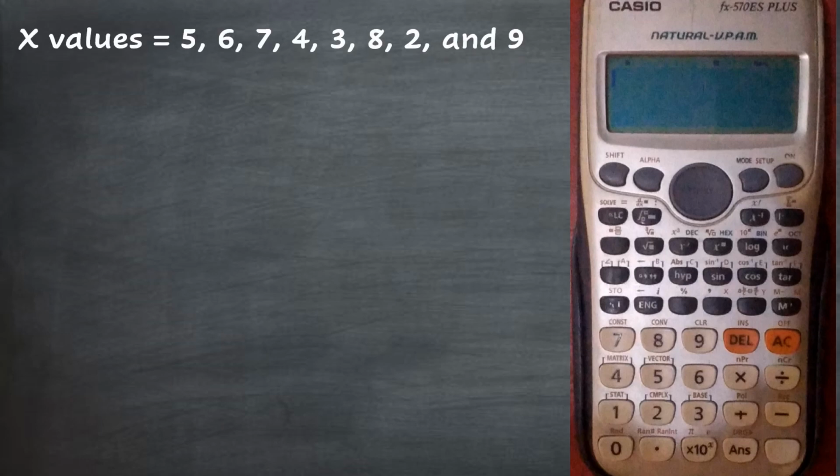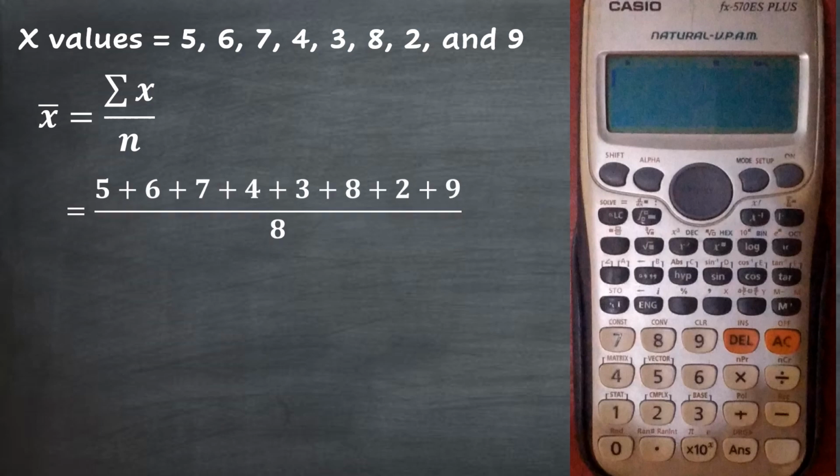Manually computing the sample mean, first we identify our x values. And our x values are 5, 6, 7, 4, 3, 8, 2, and 9. To find the sample mean, we must use the formula summation of x all over n. When we say summation of x, all you have to do is add all the values of x, and for n, all you have to do is count how many x values we have.